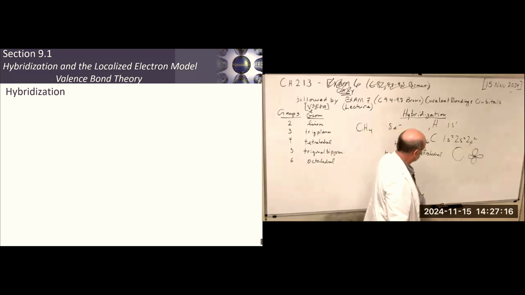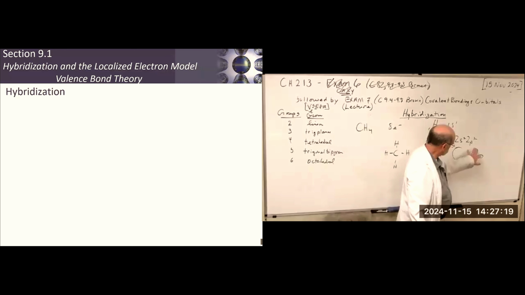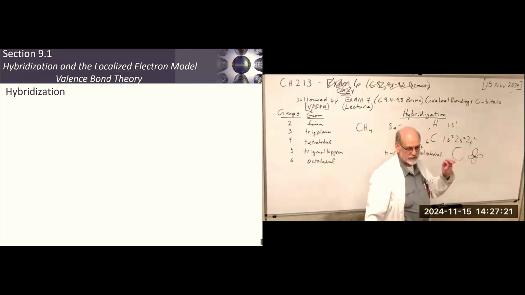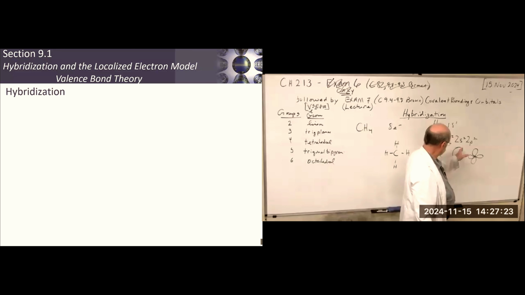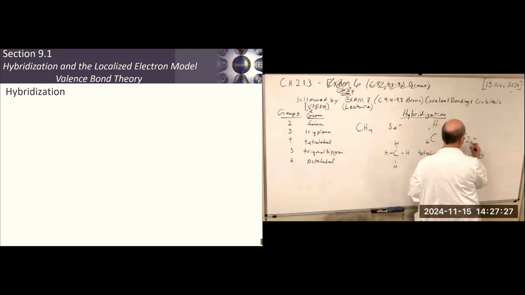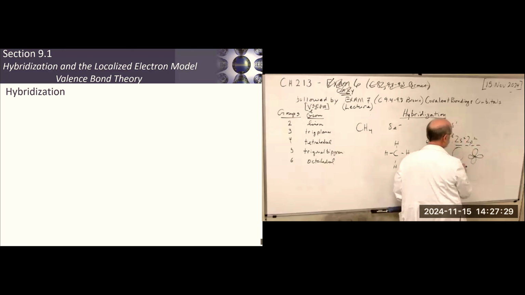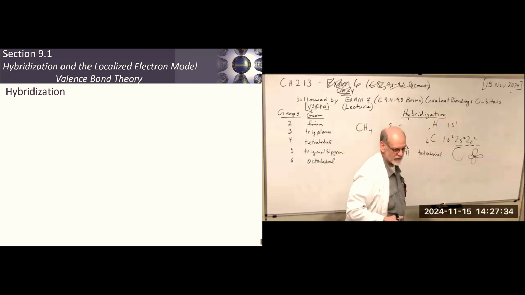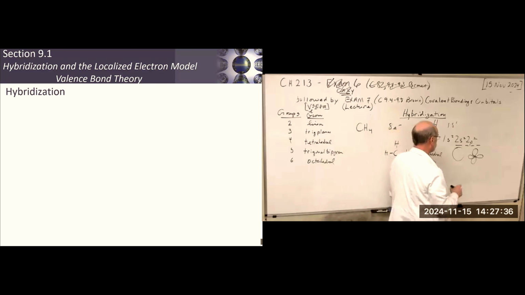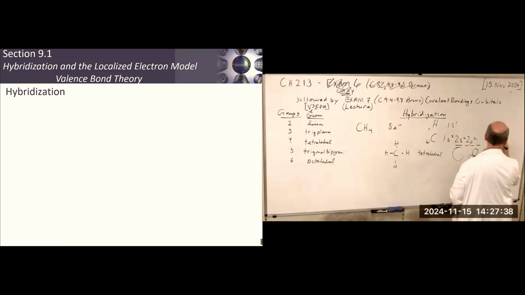We hybridize these 2 orbitals with those 2 orbitals, and we produce, no, P's have three, right? 1, 2, 3. These have one. So we overlap these three with that one, and we get a hybrid orbital. And the hybrid orbital is called sp3.